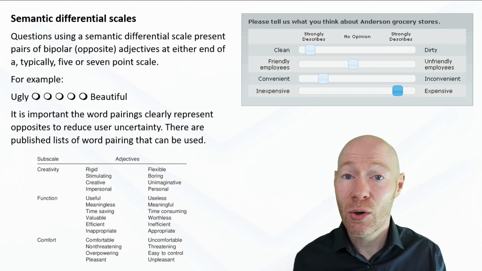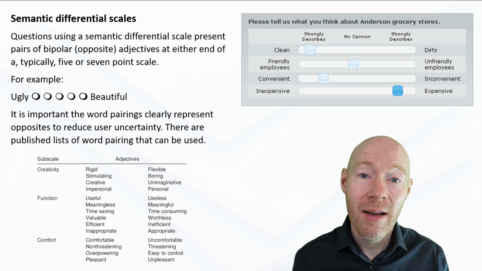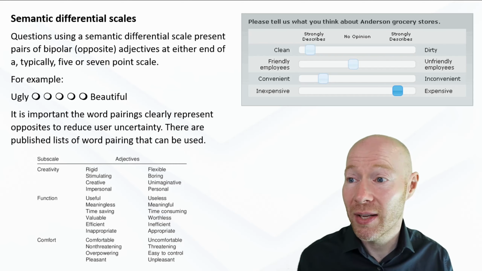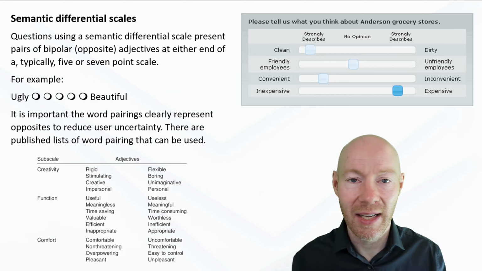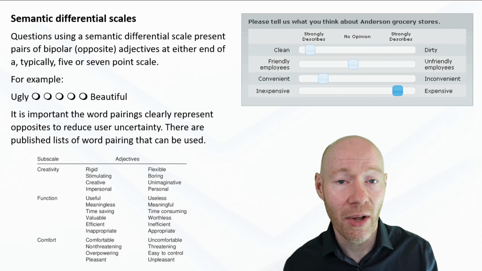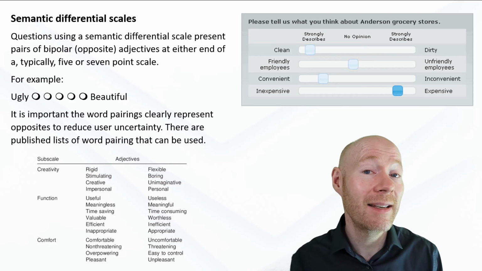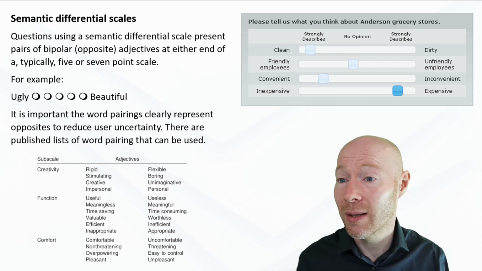We might show the user an interface and ask them how would they assess that interface? On one end, we're defining it to be an ugly interface, and the other end, we're defining it to be a beautiful interface. And we're asking them to indicate where they fall across that scale.